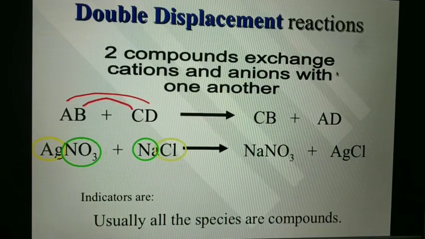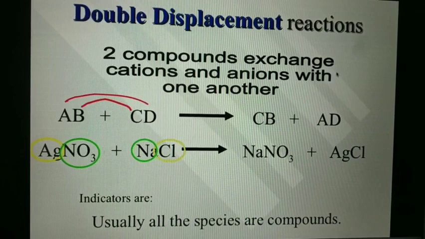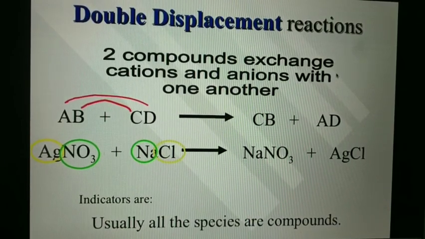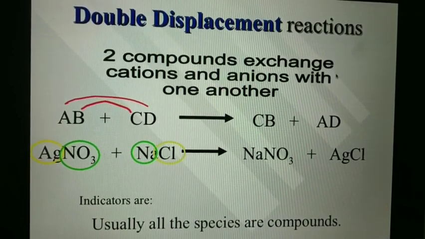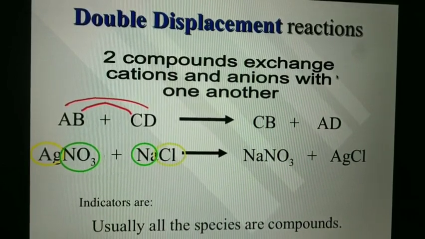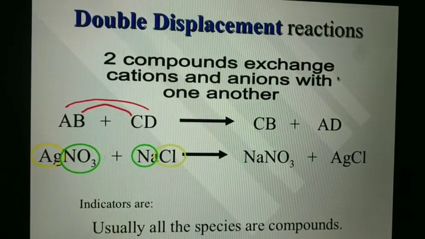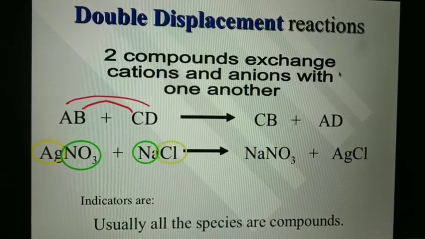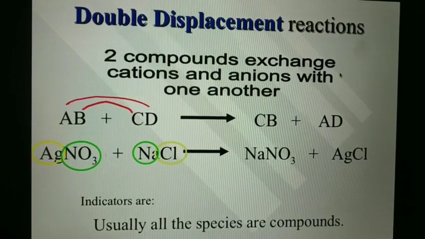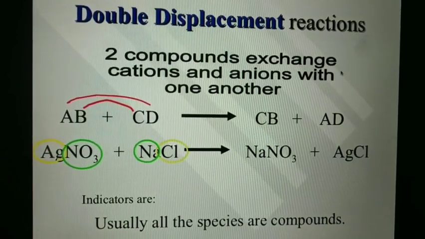Now the next reaction is double displacement reaction. It means that when two compounds exchange cations and anions with one another, that is double displacement reaction. Means when two reacting molecules exchange corresponding ions. Example, you can see the first one, the common one, AB plus CD gives CB plus AD.